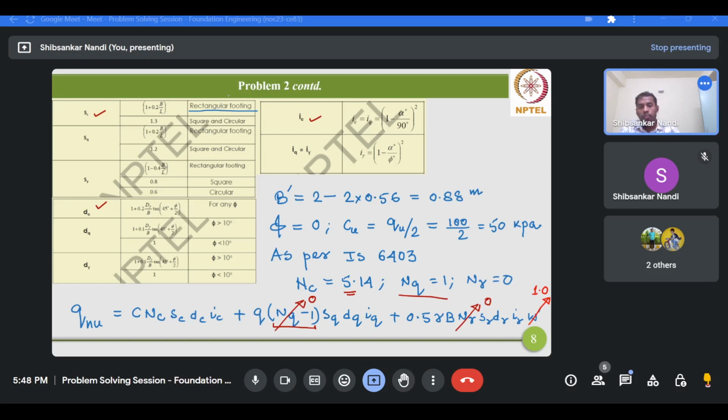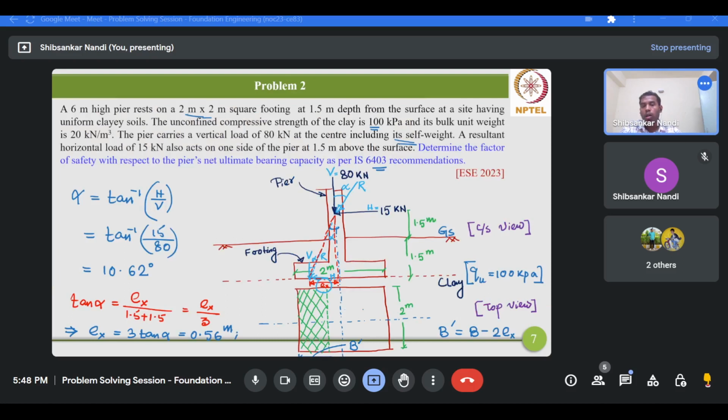The logic is, as I have already mentioned, that to calculate these shape and depth factors, you have to consider the modified width, not the original width, since the load is eccentric about the center of the footing. As you can see, after the modification of the initial plan area, the footing is no more square. It becomes a rectangular footing with dimension 0.88 meter by 2 meter. So this dimension is 0.88 meter and the length is 2 meter.